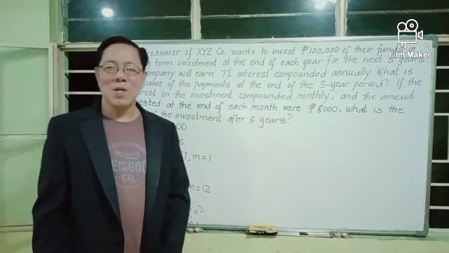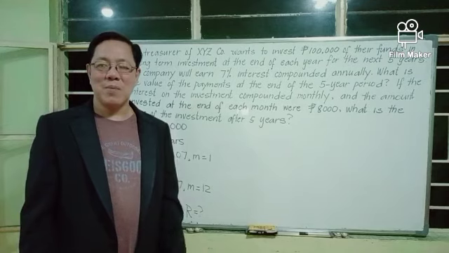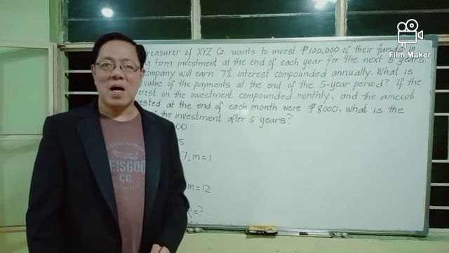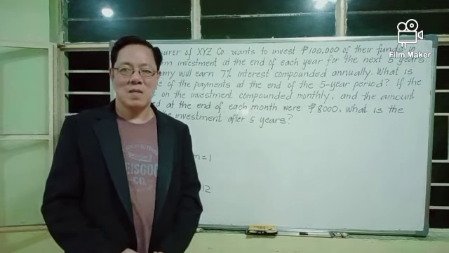For an ordinary annuity, the formula for calculating the accumulated value is given by the following.